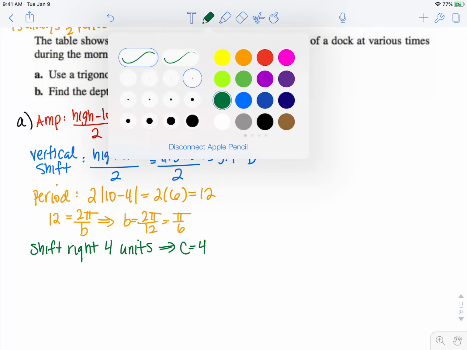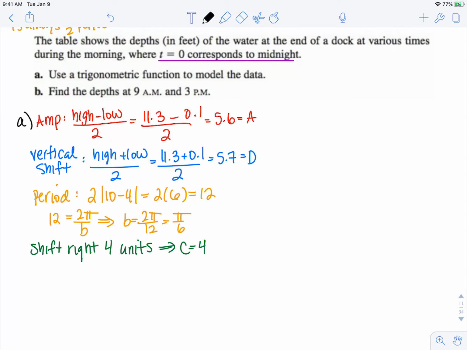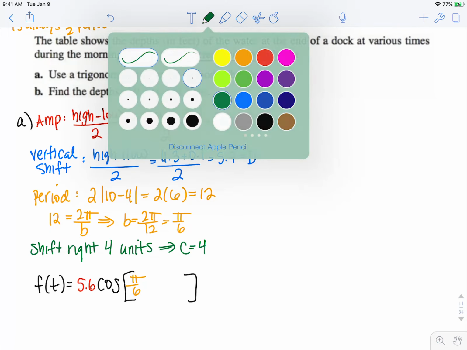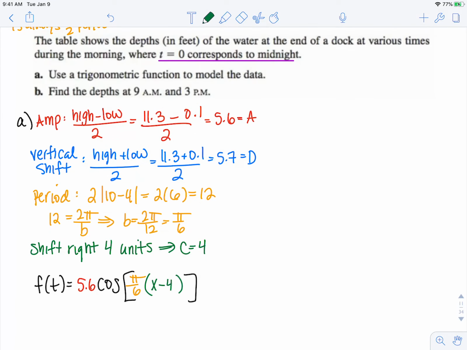So now I can set up my cosine function, and I'm going to say f of t, because it's a function of time. So my amplitude is 5.6, and then I have pi over 6 for my b. Since I'm shifted right 4, t minus 4, and I'm shifting up 5.7. So this cosine function represents that model.